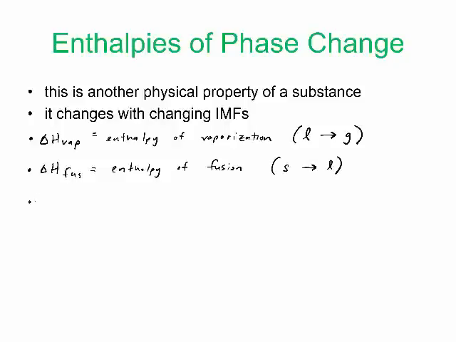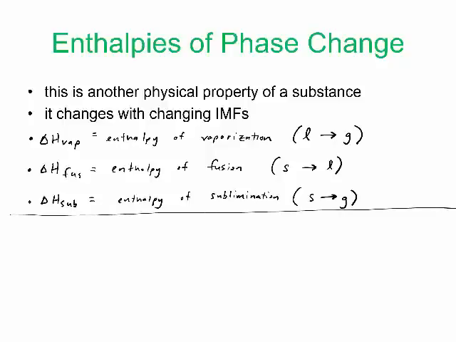And there's also an enthalpy of sublimation, delta H sub, so this is solid to gas. These would all be the processes as I wrote them. So here's a special note: endothermic versus exothermic.